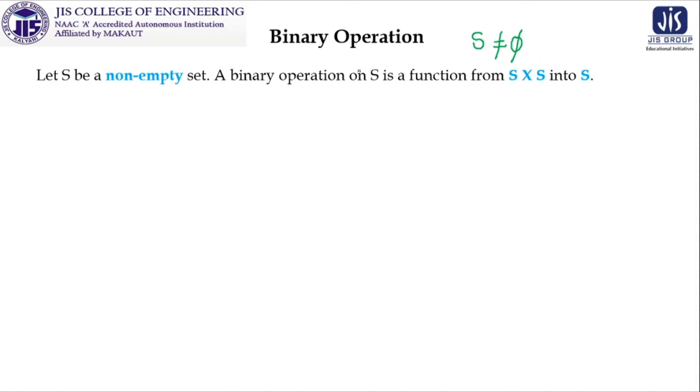A binary operation on S is a function from S cross S into S. Means you take some element from S and another element from S, you operate these two together, and the resulting thing is present in this particular set S, like the example we stated in the previous slide.